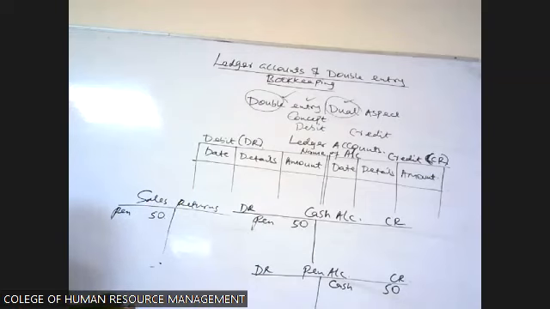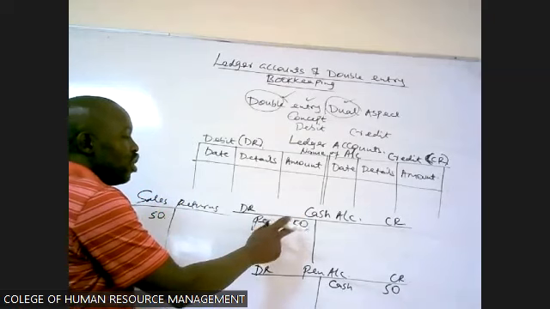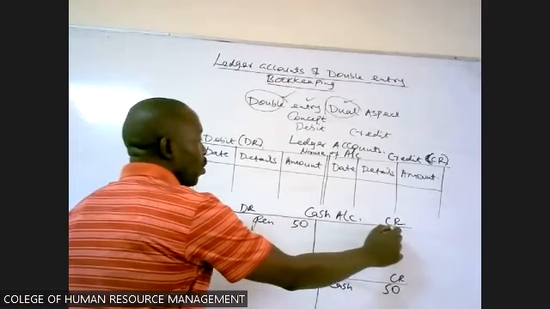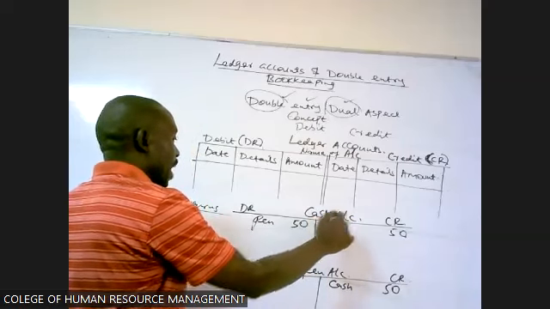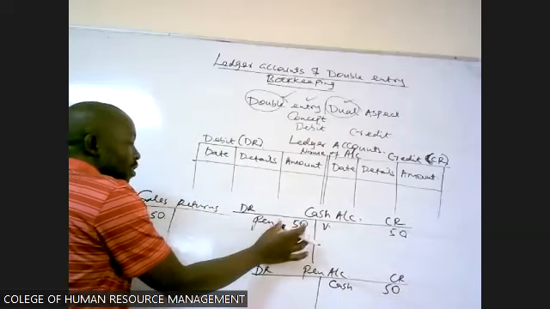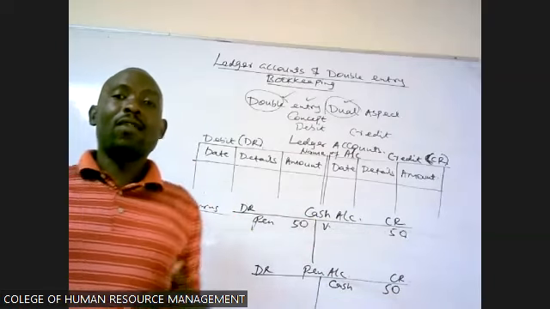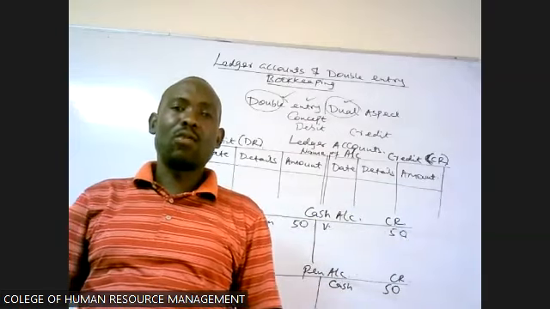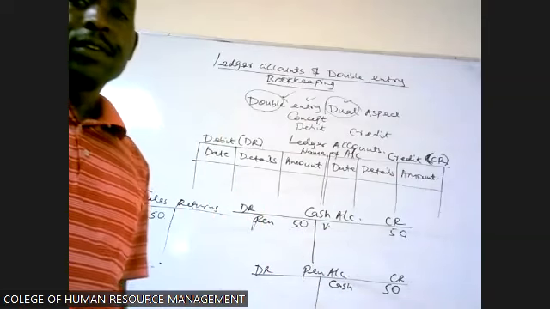It simply means that now the cash that I received here from Virginia of 50 shillings, I'm going to give that particular money back to Virginia. So that this cash that I received, when I credit the cash, it simply means that now that cash has been given out. That is what will happen, Virginia. That's all.